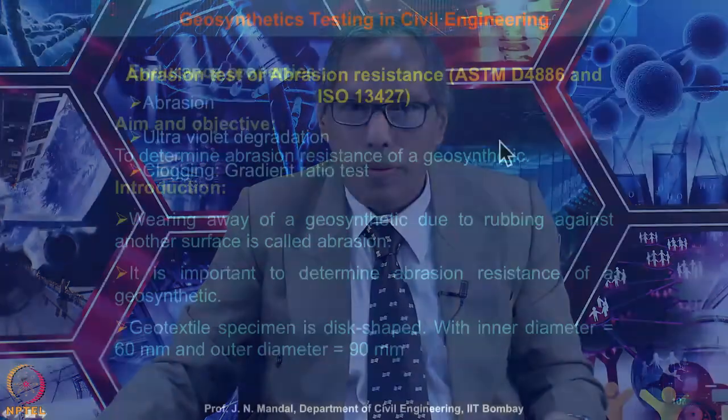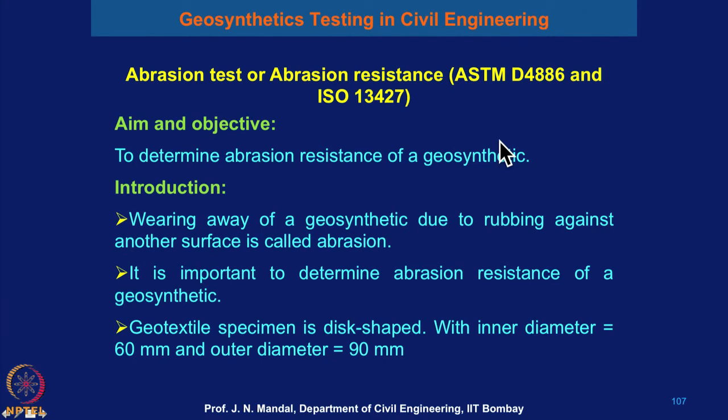So, the abrasion test or abrasion resistance is as per ASTM D4886 and ISO 13427. The main objective of this is to determine the abrasion resistance of a geosynthetic material. The wearing away of the geosynthetic due to rubbing against another surface is called abrasion.